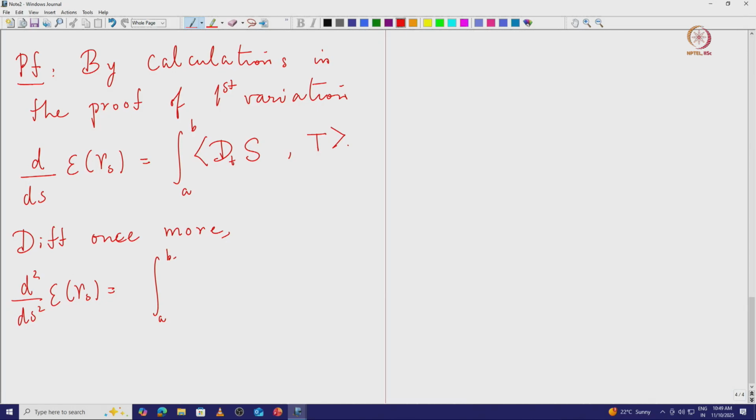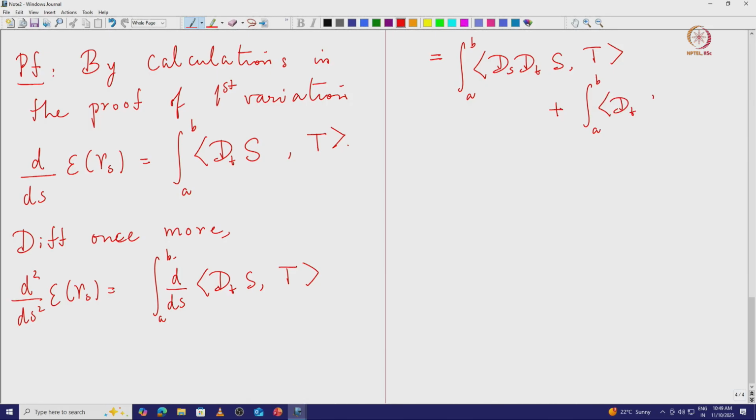By the fact that we are dealing with metric connections, this is going to be, so maybe let me write like this, d by ds, which is going to be the integral from a to b of ⟨∇_s ∇_t of S, T⟩, plus there will be another term which is basically ⟨∇_t of S, ∇_s of T⟩. Okay.